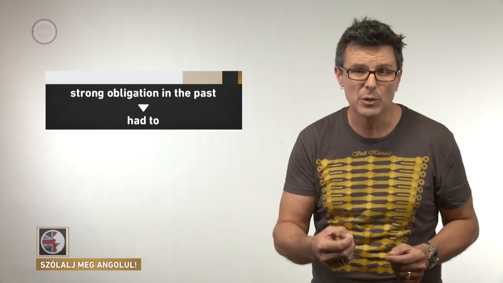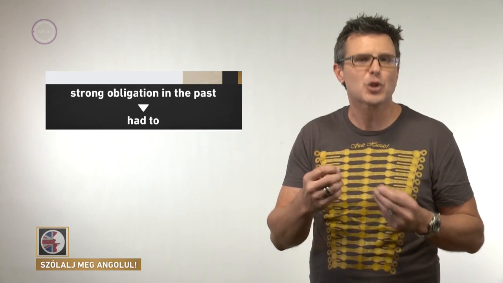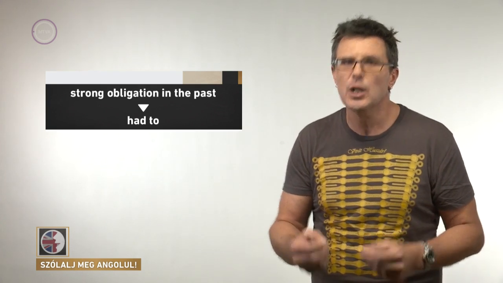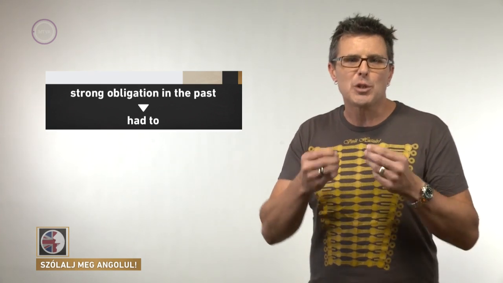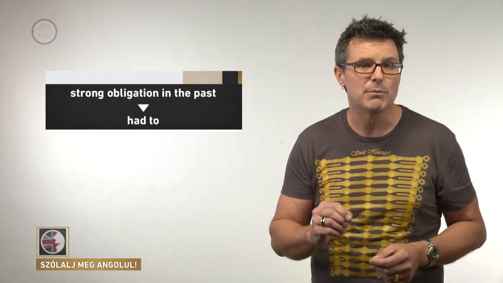Okay, so we know that when we want to use the idea of strong obligation in the past, we have to use the form of have to, and we have to conjugate this form to fit the past. This means that when we're talking about strong obligation in the past, we have to use the form had to with the infinitive without to.